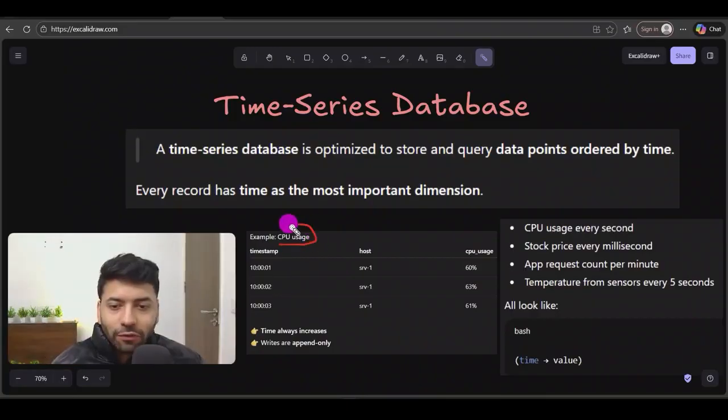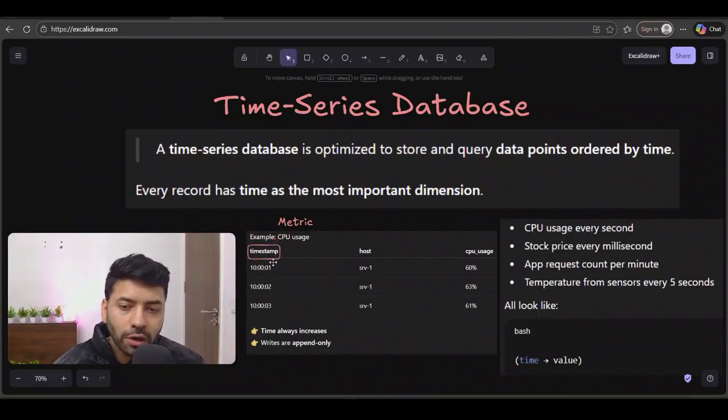So this thing here, for example, the CPU usage or stock price or app request or temperature, this is the metric, right? Next, as we said, the time is the most important dimension, so this is the timestamp. We have already written the timestamp here. This is a very important part of a time series database, so I have created a border across the timestamp because it's a key concept.